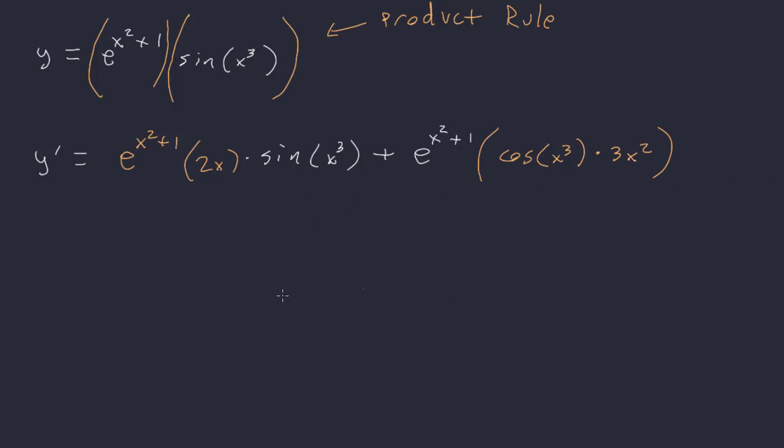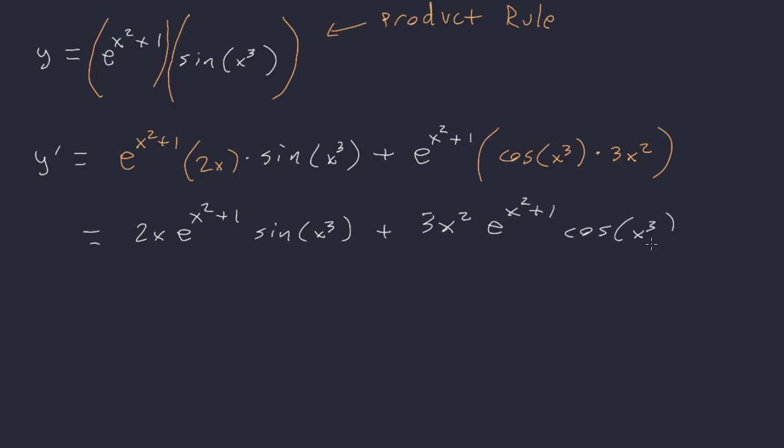Okay, so I'm going to rewrite this in an easier to read way as 2x e to the x squared plus 1 times sine of x cubed. And on this side, I'm going to bring that 3x squared outside. So 3x squared e to the x squared plus 1 times cosine of x cubed.